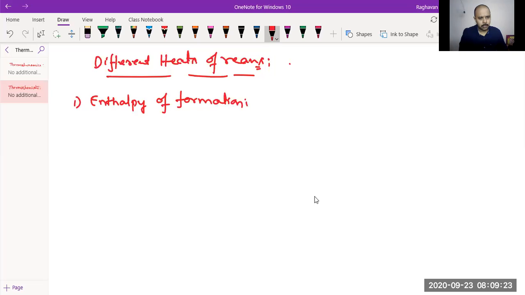Enthalpy of formation, delta FH. Standard enthalpy of formation, delta FH naught. That's all. Now, as per the definition, what is enthalpy of formation?